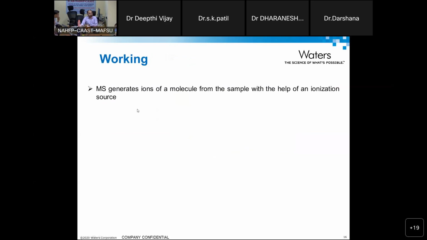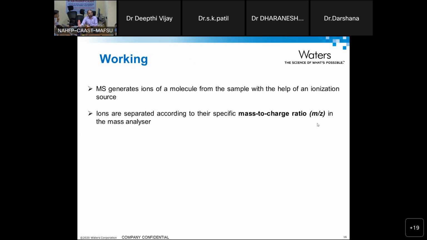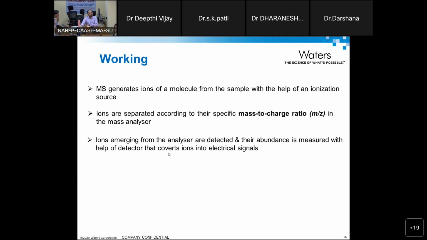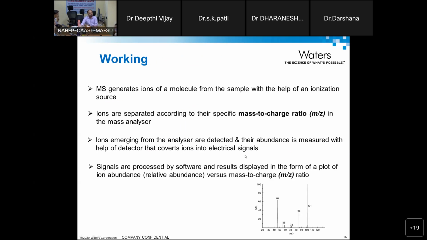So a mass spectrometer generates ions of a molecule from the sample with the help of an ionization source. Ions are separated according to their specific mass to charge ratio in the mass analyzer. Ions emerging from the analyzer are detected, and their abundance is measured with the help of the detector that converts the ions into electrical signals.